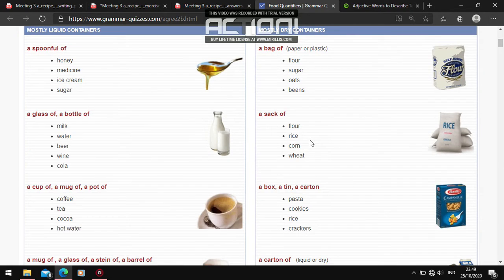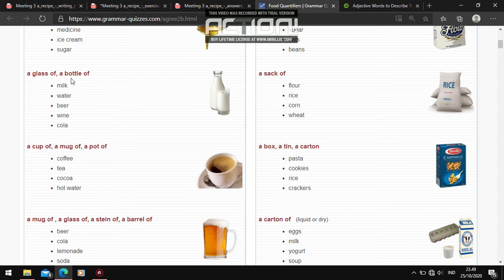I'm sorry. And this is a glass of or a bottle of, can be milk, water, beer, wine, or cola. Remember the difference between a glass of and a cup of. This is glass, this is cup. A cup or a mug of, a pot of: coffee, tea, cocoa.